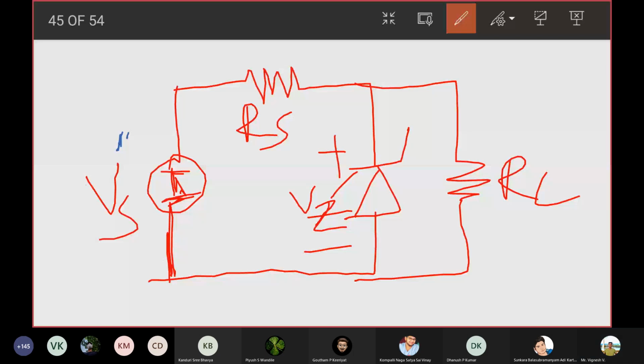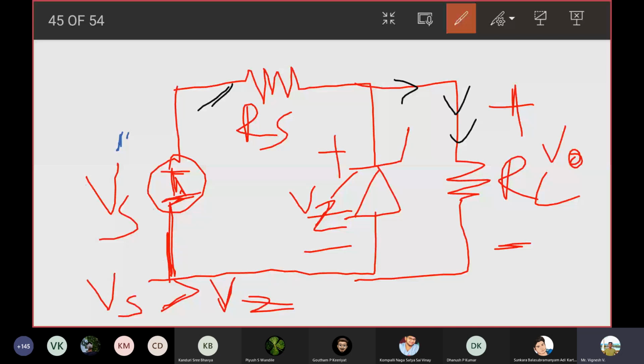Now the circuit is slightly different from the circuit you had previously. Earlier, I did not have this RL, and the only condition I used to check was whether Vs is greater than Vz. In this case, that won't suffice, because there will be a current which flows through RL also.